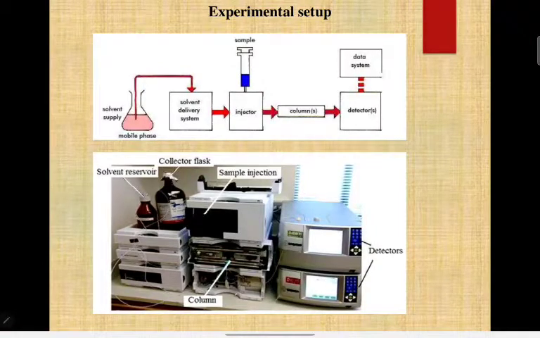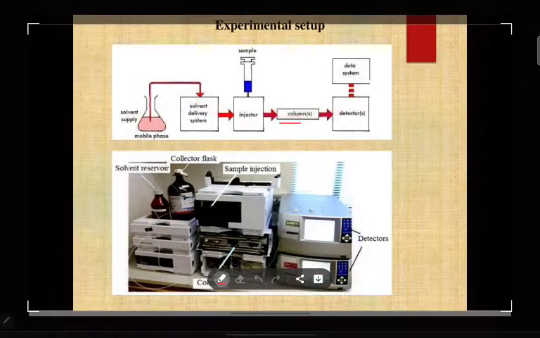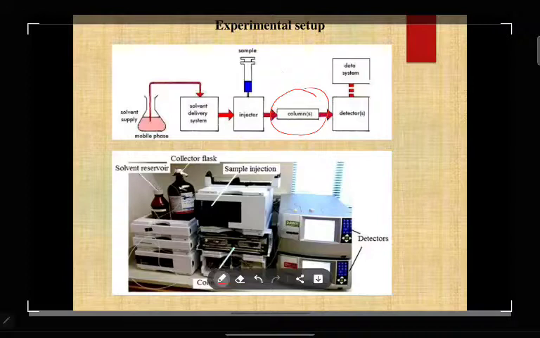Then, you can see, this is normally an HPLC system. Here a solvent reservoir will be there. Solvent will be pumped through the pumps. Then injector will be there, you will inject your sample. Here column will be there. We are talking about gel filtration chromatography or gel permeation, so here in the column we are going to keep our gel filtration column.